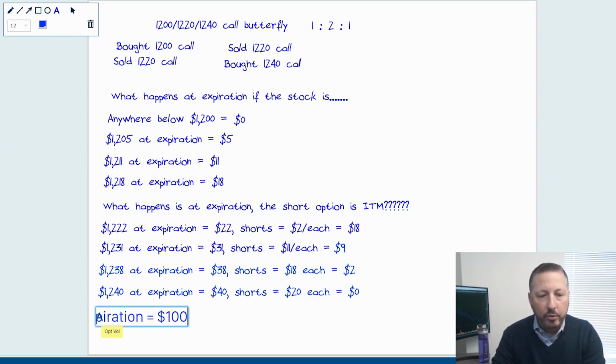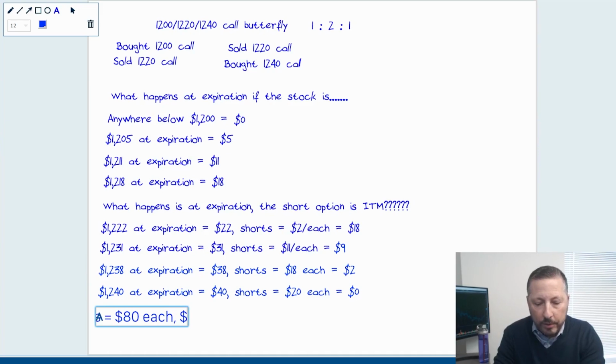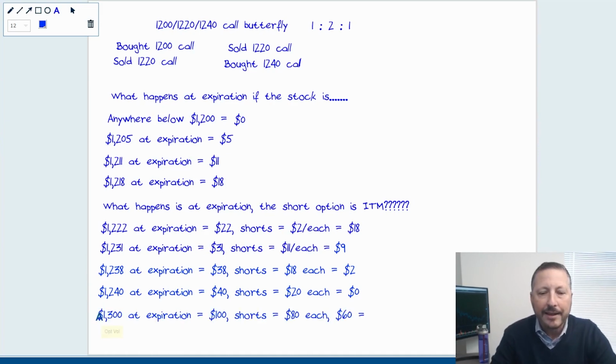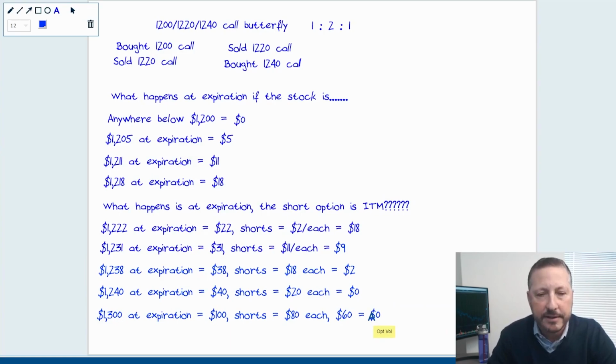Okay, your long would be worth 100. The shorts, they'd be worth $80 each. But then we have that other long option. Remember at the end, the last wing. Okay, so that 12.40 call would be worth $60. If I add that all up, that's plus 160 minus 160, still for a price of 0.